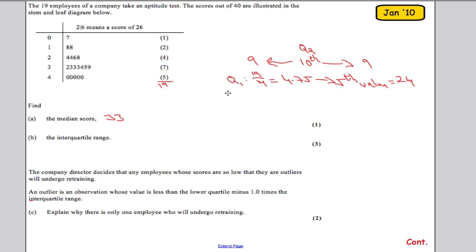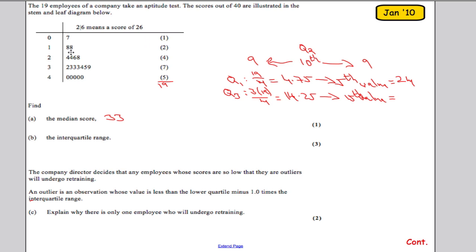That's my lower quartile. And the upper quartile is going to be 3 times 19 over 4, which gives me 14.25. So I'm going to choose the 15th value.